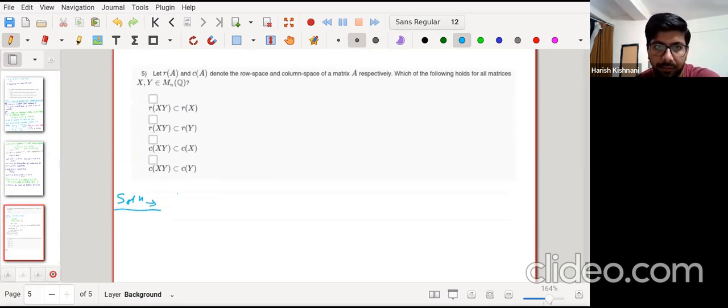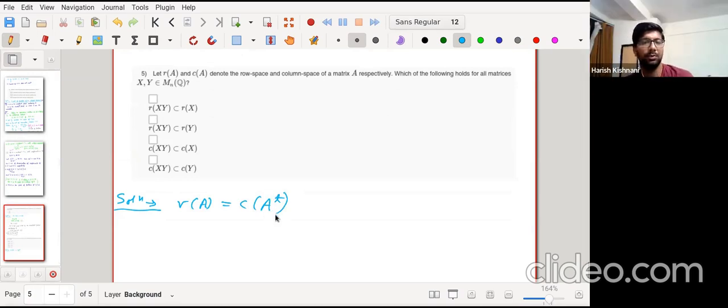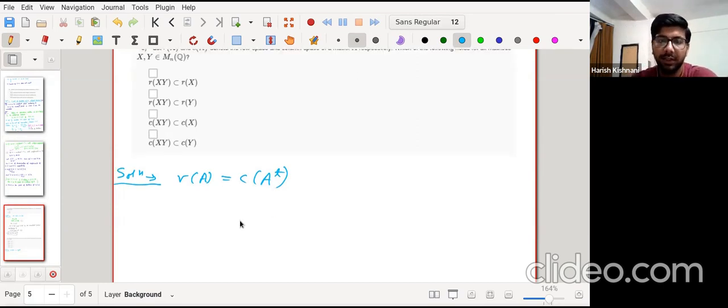Row space of A is the same as the column space of A transpose. You agree? Because if you take A transpose, then rows will be changed to columns and columns will change to rows. So it is this, right?